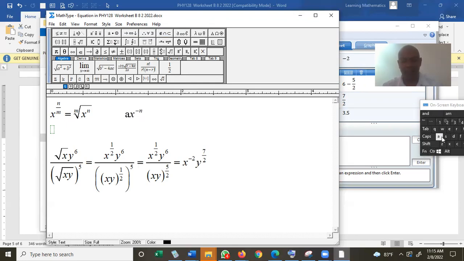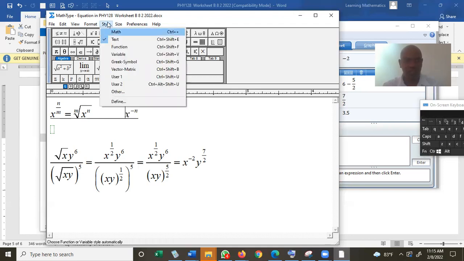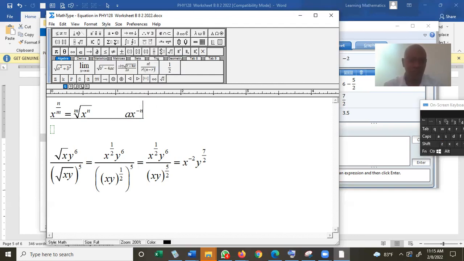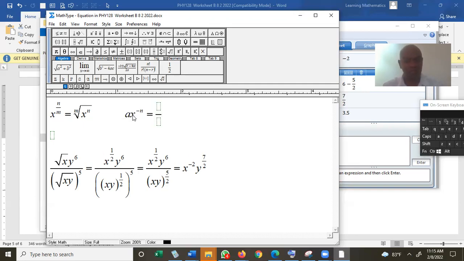If you don't put a, then you are talking about 1. There's an invisible 1. But just to be general, we're going to put a as the coefficient of the x. So if there isn't an a, then you have to put 1. But because we put a, a comes in the numerator and x comes below, and the negative power turns to positive. So this and that are expressing the same thing, different notations, symbols.